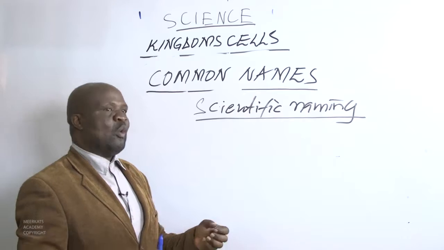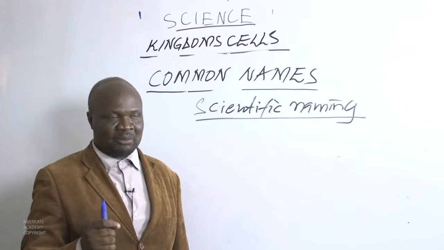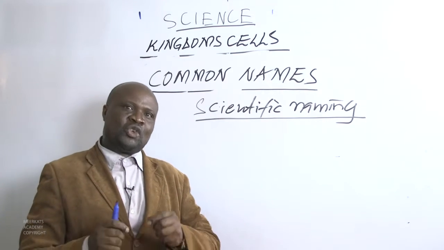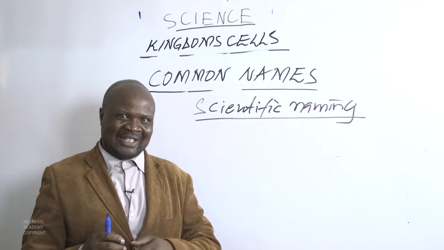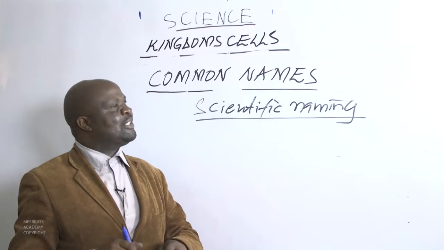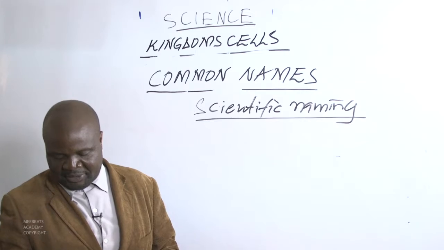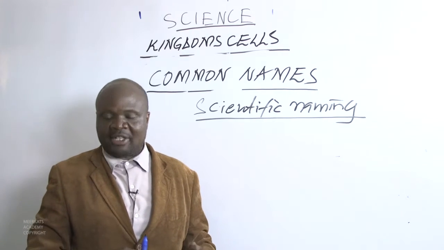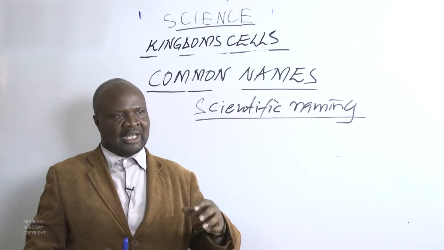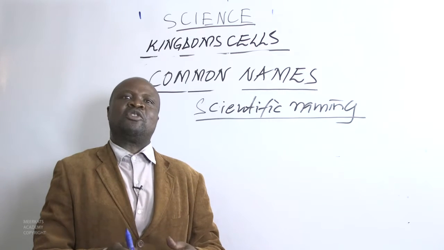Whenever a scientist discovers a new organism, he will observe it closely so that he can describe the observable characteristics. Then he will see whether it is similar to other species, and then decide which group it belongs to. So you observe the organism, look at its characteristics, and decide whether it is similar to some species.